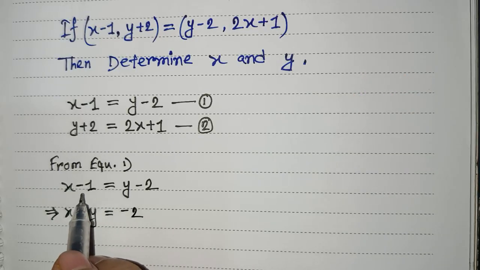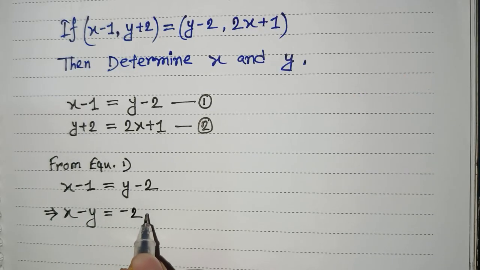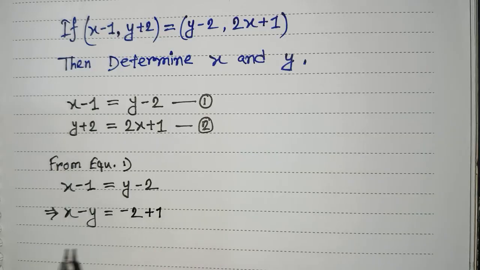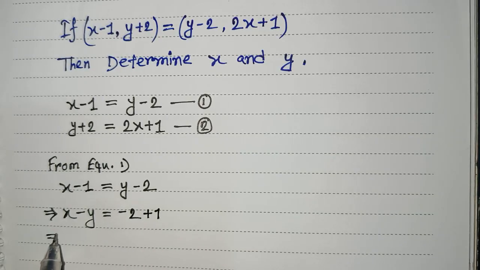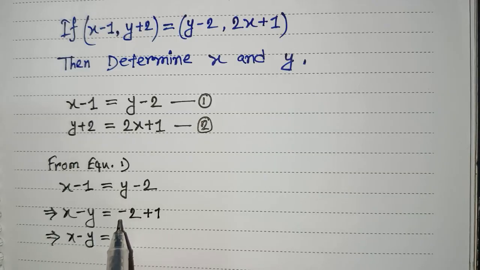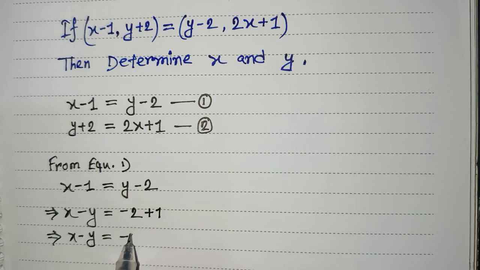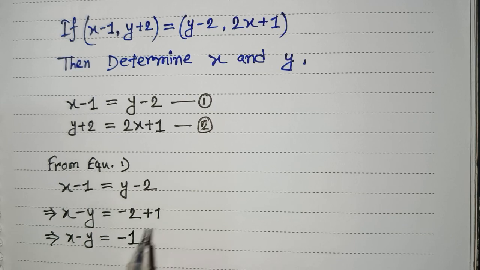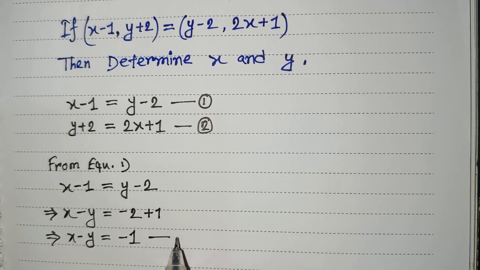Moving negative 1 from the left side to the right side, it becomes positive 1. X minus y equals minus 2 plus 1, equals minus 1. So this one is equation number 3.